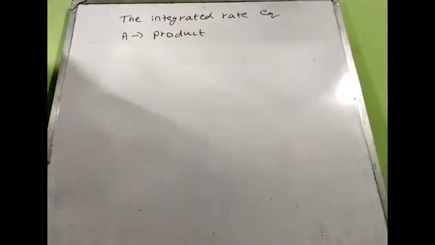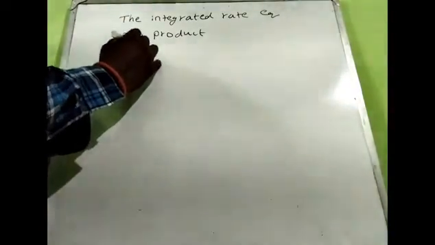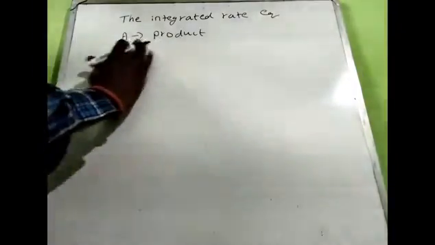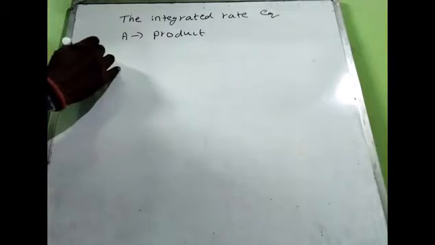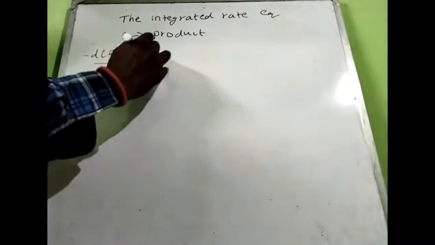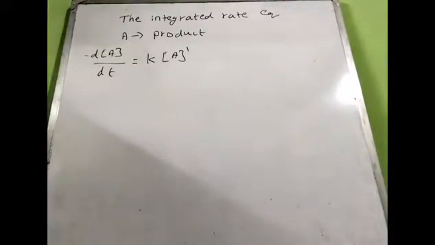Minus dA by dt equals k into, instead of x I take 1, because I am going to verify the result for the first order reaction. So dA by dt equals k A power 1.